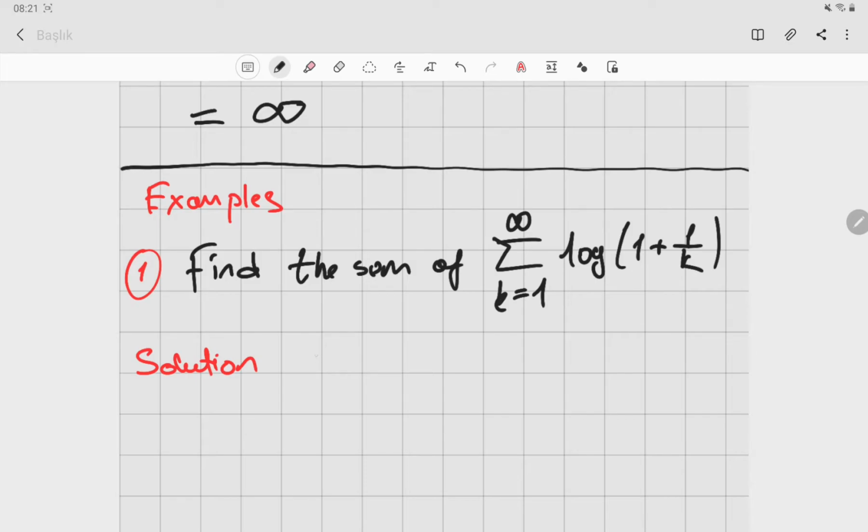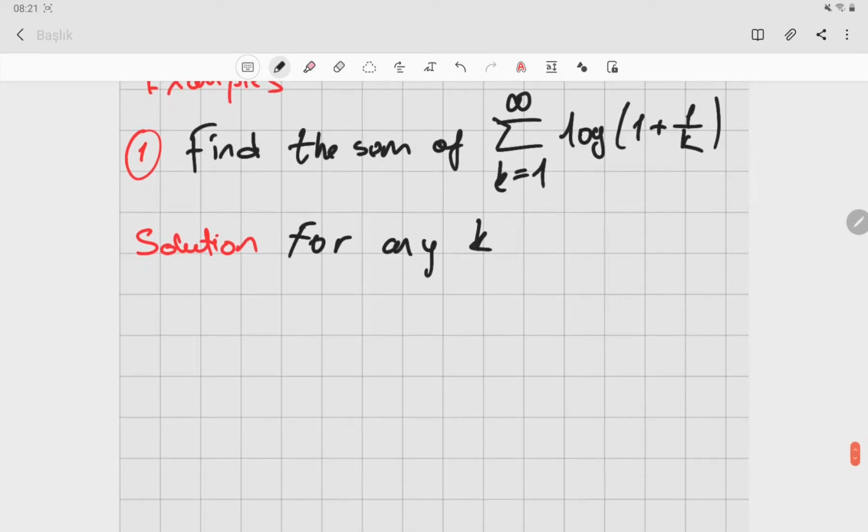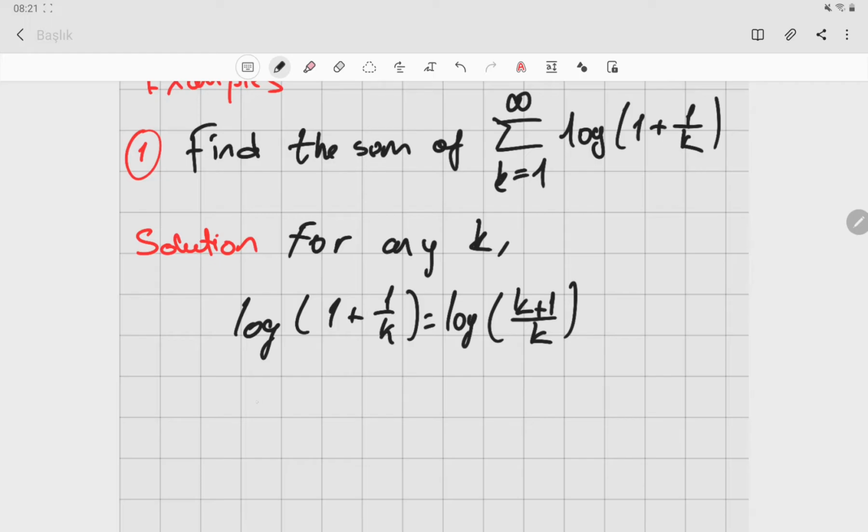I mean, for any k, the following holds: logarithm of 1 plus 1 over k equals logarithm of (k plus 1) over k, and equals logarithm of k plus 1 minus logarithm of k.